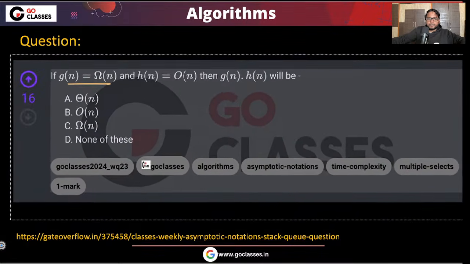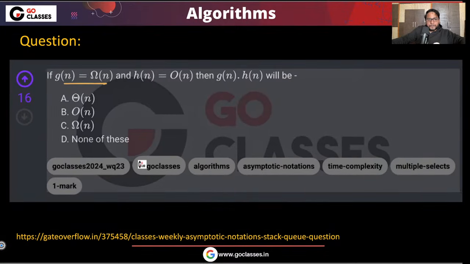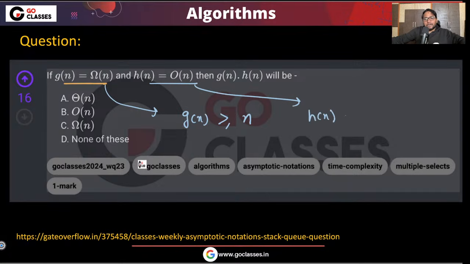This particular term says that Gn is greater than or equal to n. I should be writing C, but I'm not writing C. This term says Hn is less than or equal to n. I should be writing C here also, but I'm not currently writing it.